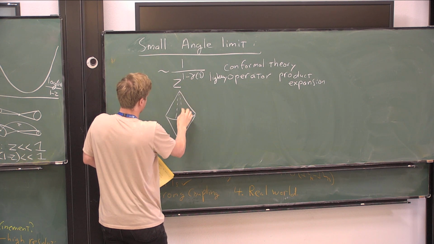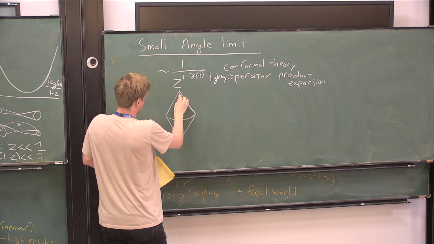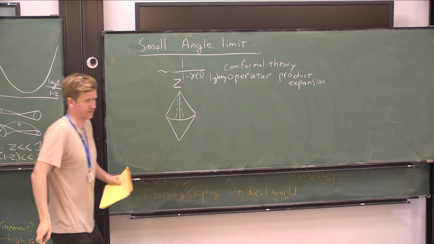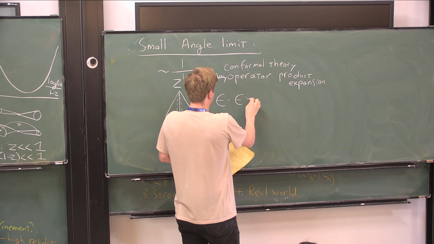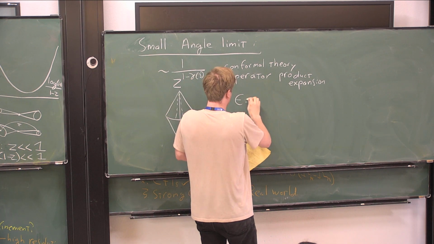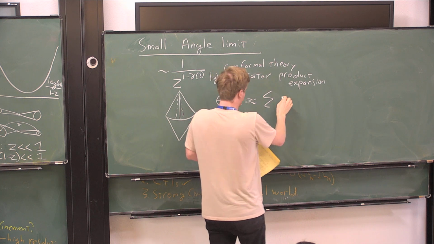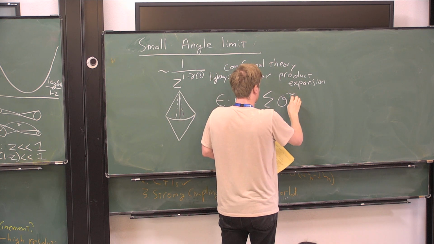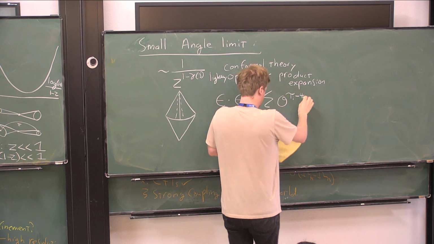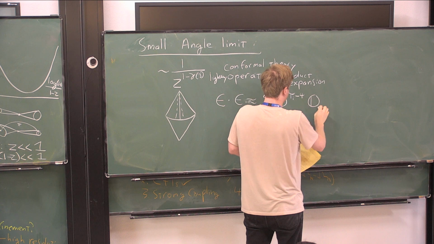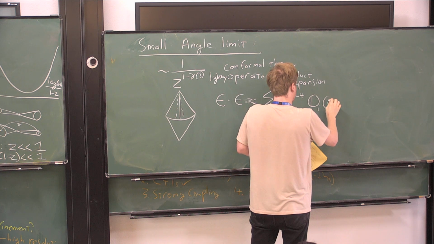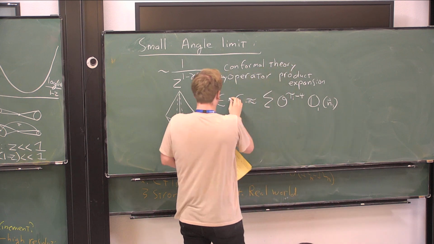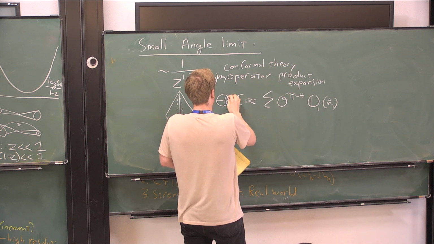So I can take two of these detectors and expand them over some new light ray operator shown here. Very schematically, I have two of these, and I can write it as a sum of some particular light ray operators. Sorry that I won't have time to go into the details.